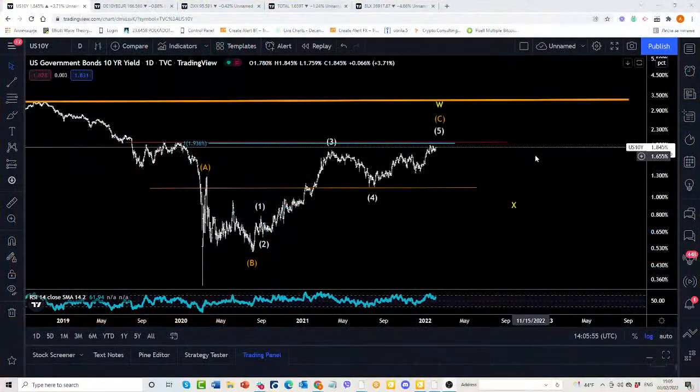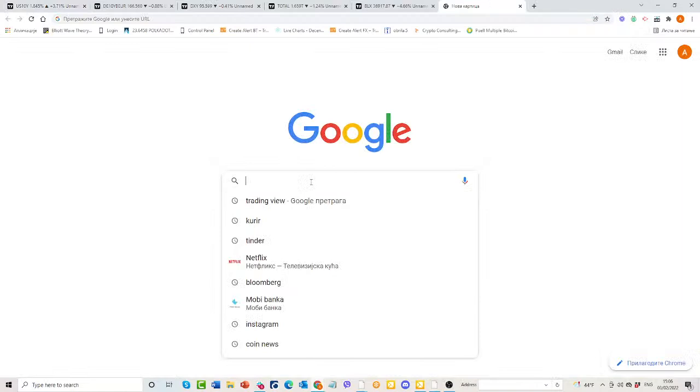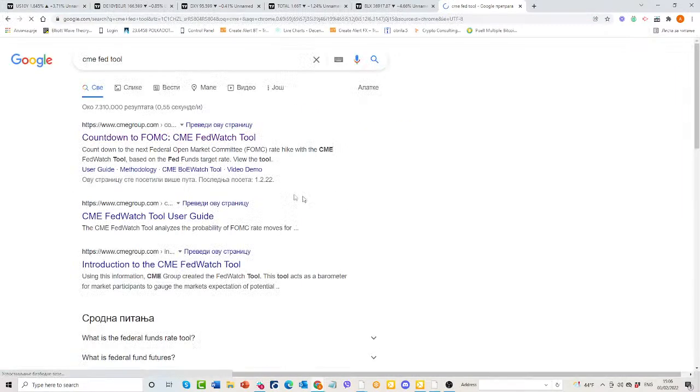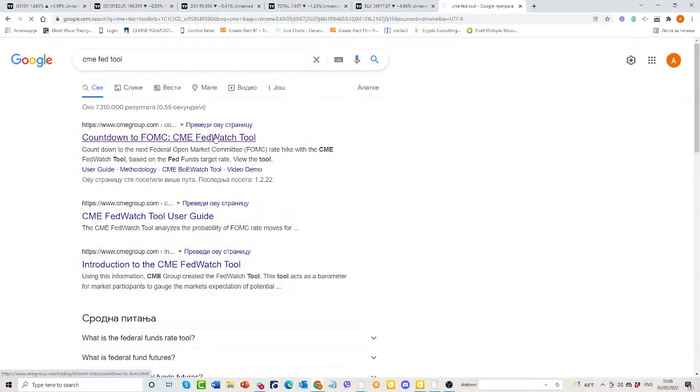I'm going to show you what is actually happening in this CME Fed tool. Okay, this is very interesting to see because we are seeing markets pricing in very aggressively the rate hikes in the next couple of months, and I will show you that.